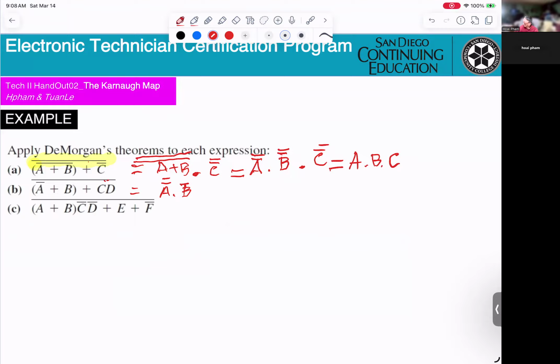And all CD and CD not equals A not, A and B not. Okay? And C not.